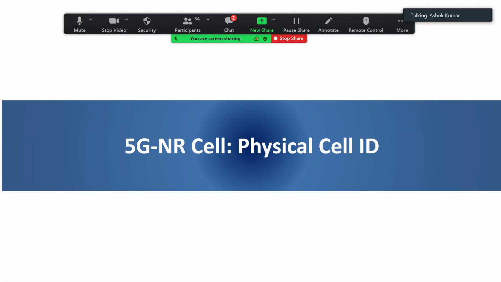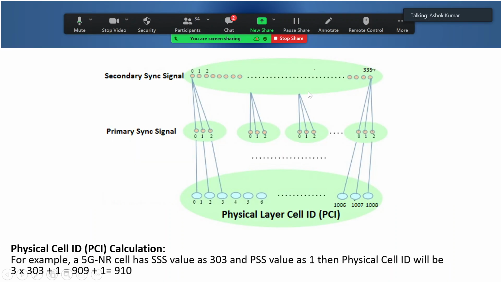Okay, now let us calculate the physical cell ID using the N1 and N2 values. With this picture, you will be able to understand. The PSS gives you the N2 value, which can be 0, 1 or 2.